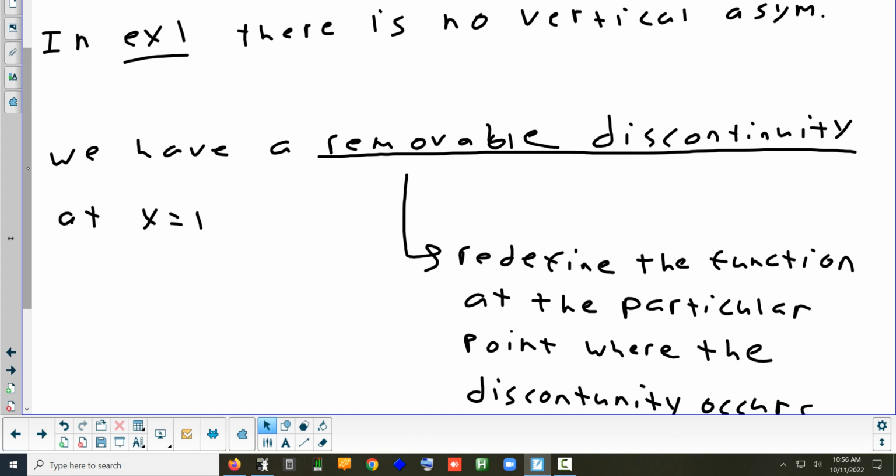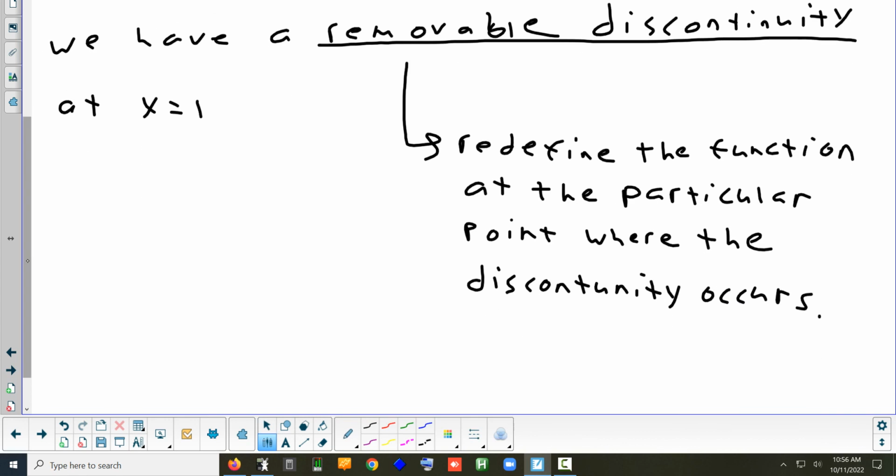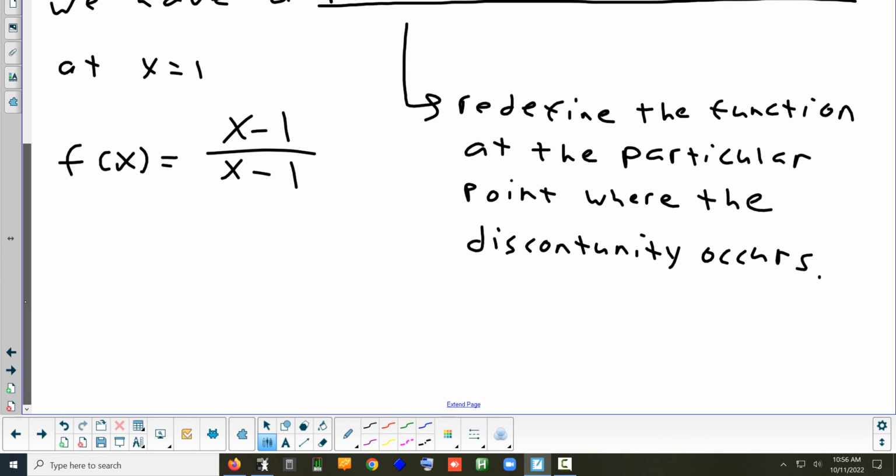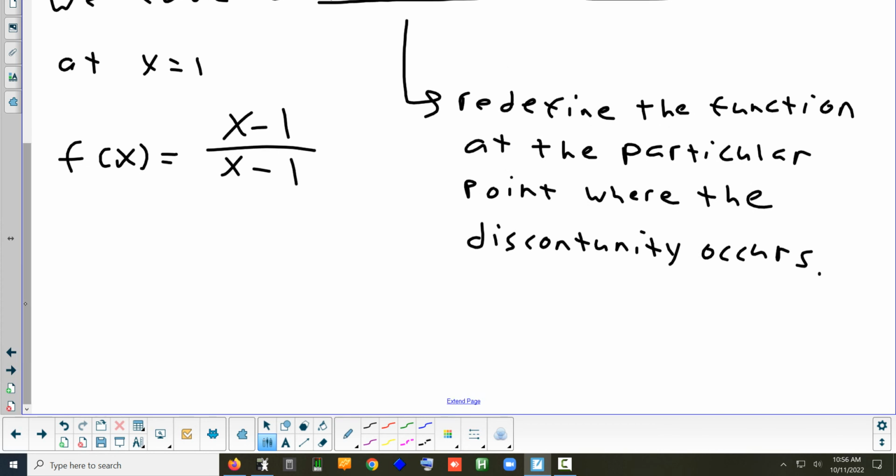So the way we would think about a removable discontinuity is, let's pick one of the ones we had before. f of x equals, was it x minus 1 over x minus 1? Yeah. Okay. So what we do is we say, okay, you can use this function. Let's do it like this.